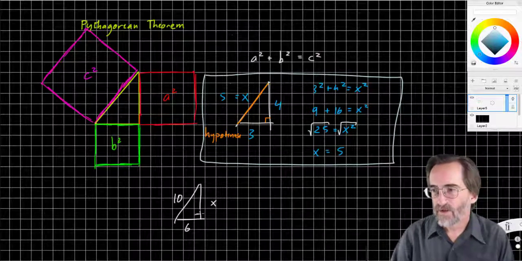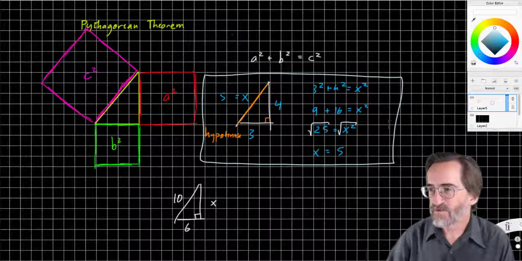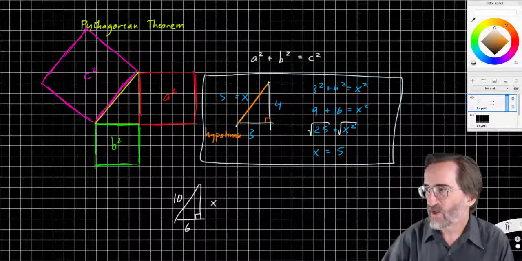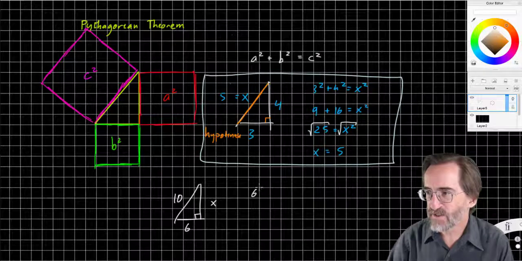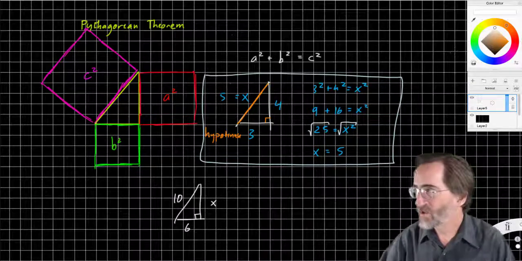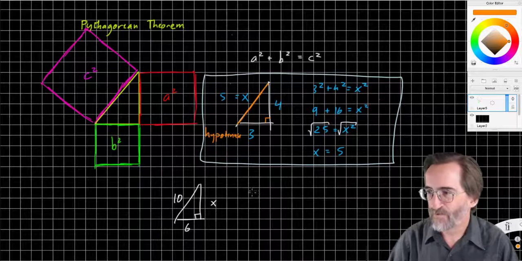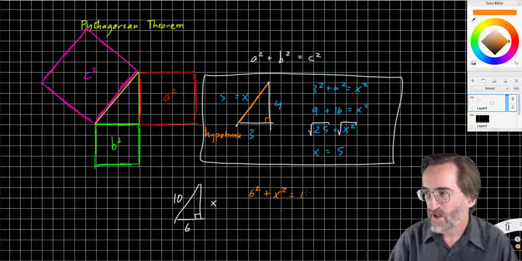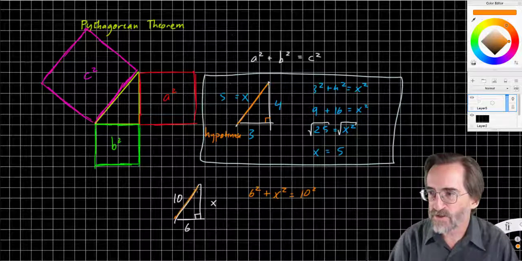All right. So the Pythagorean theorem says 6 squared plus x squared equals 10 squared. Remember, it's the long side that goes by itself.